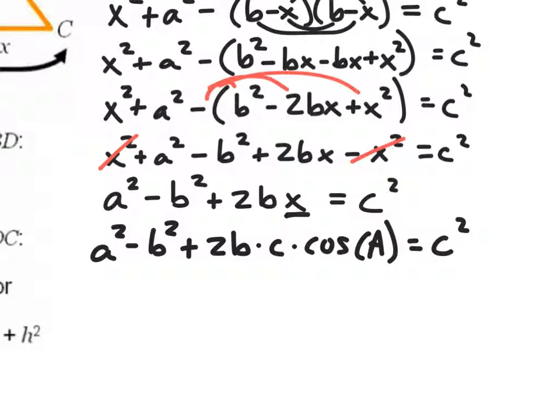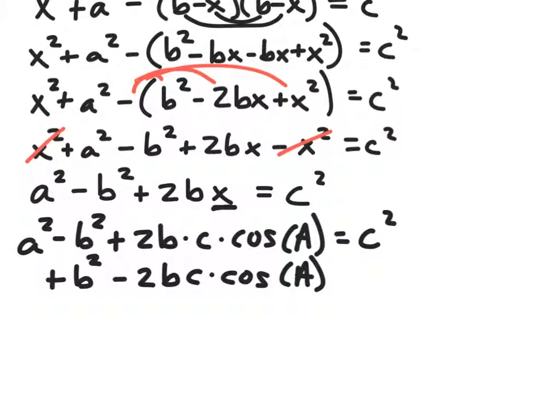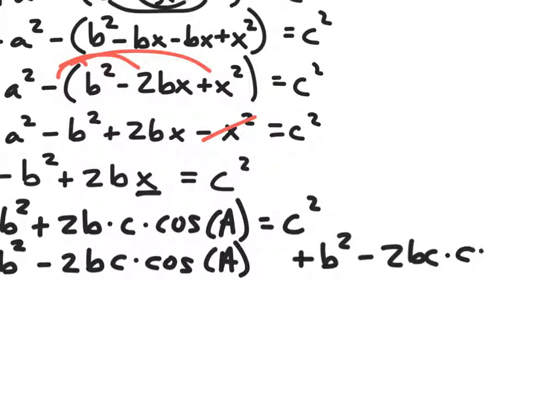What I want to do is solve this equation for a squared. So I'm going to add b squared, and I'm going to subtract 2bc times cosine of angle A, and I'm going to do that to both sides and move it over. So I'm going to add b squared minus 2bc times cosine of A. All right.